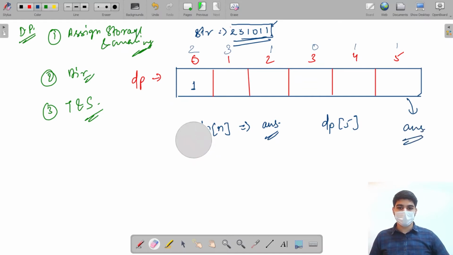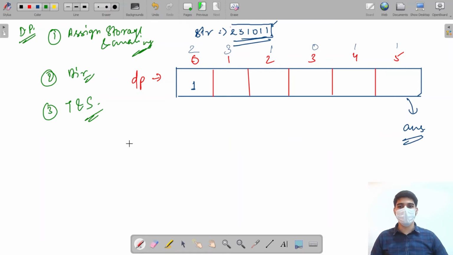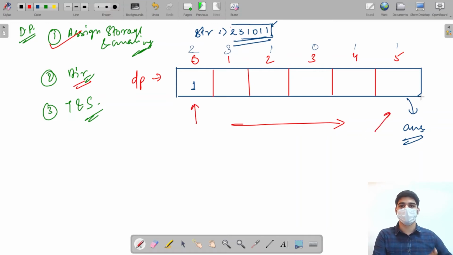Now that we have discussed the base case and the answer position, we can quite evidently say that the direction in which we want to solve would be forward. The smaller case is over here, the bigger case is over here, and here is where we get our answer, which is the rightmost position. So we would be moving from left to right, smaller to greater, in the forward direction. So the direction is also clear.